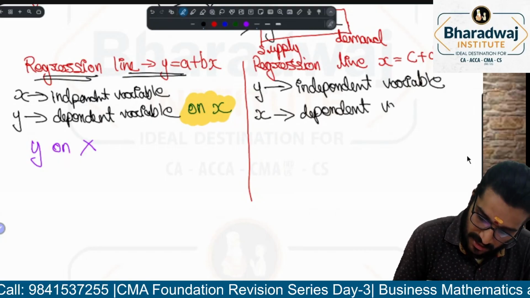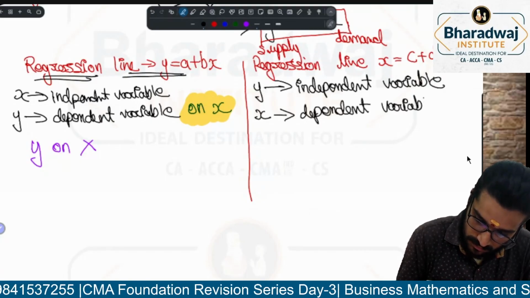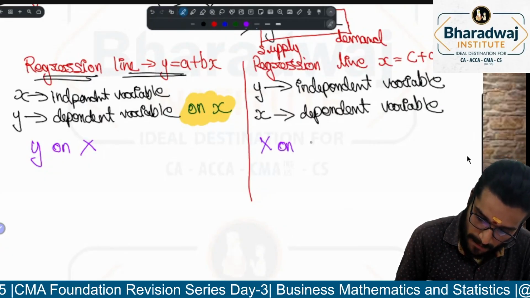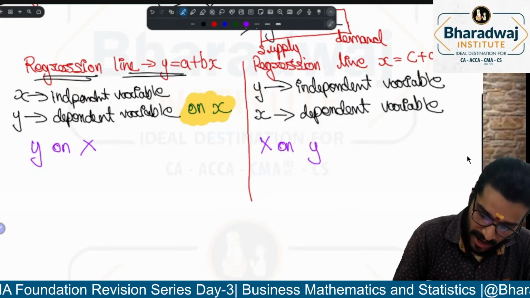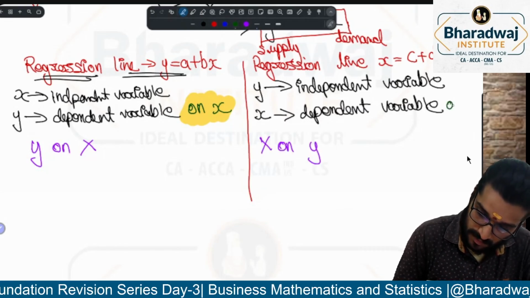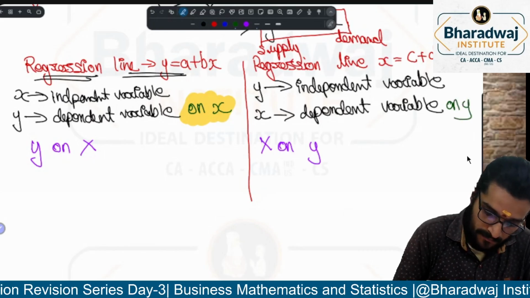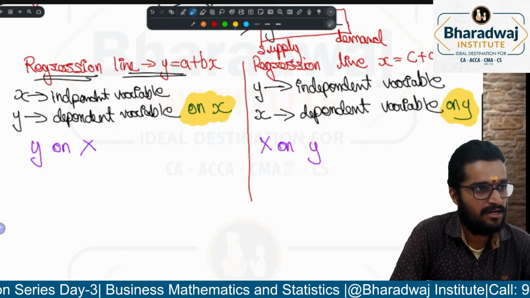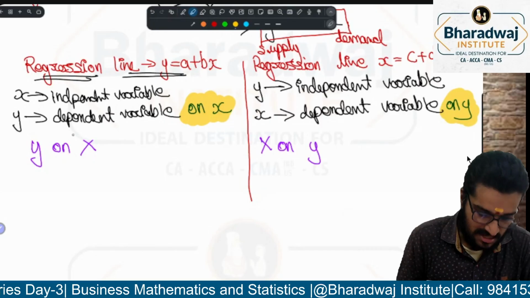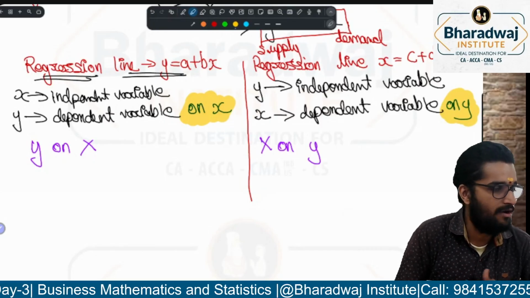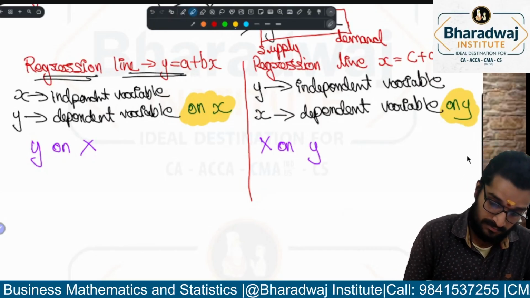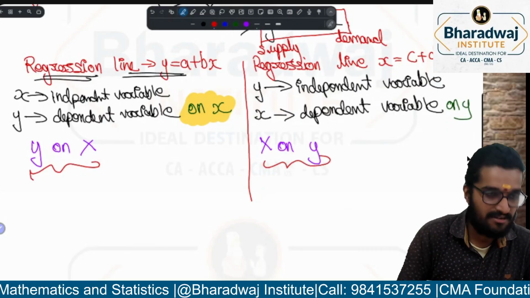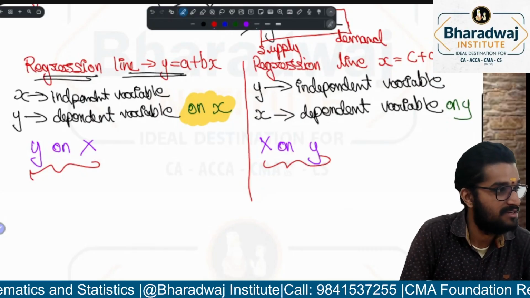So we will be calling it x on y: x dependent on y. And we will be calling the other one y dependent on x, so y on x. Mathematicians never play with just numbers, they also play with some English words.